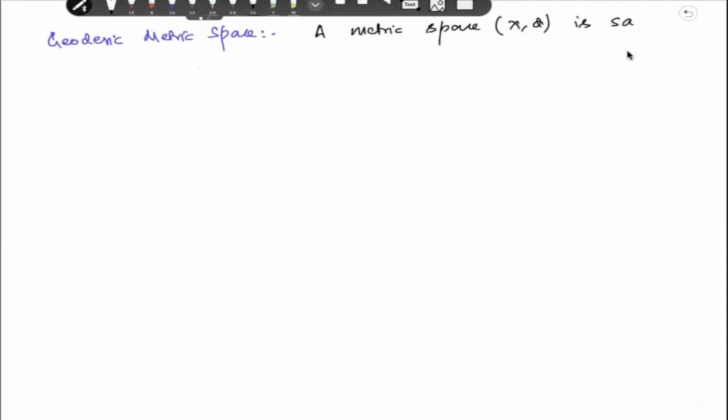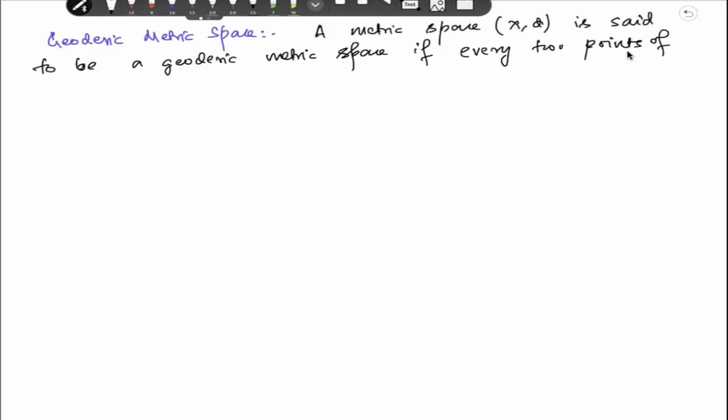Now let me define what you mean by a geodesic metric space. A metric space (X, d) is said to be a geodesic metric space if every 2 points of X can be connected by a geodesic.